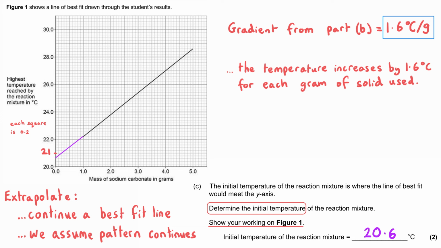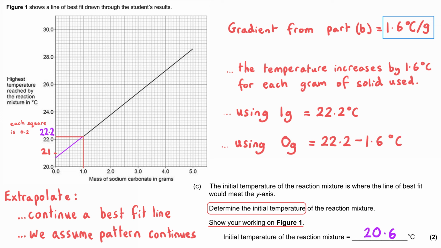And so for a 1 gram sample of sodium carbonate, the highest temperature reached was 22.2. And so if we subtract 1.6 from that value, we will get the temperature when we use 0 grams of sodium carbonate. So that means the initial temperature. And so we get an answer of 20.6 this way as well.